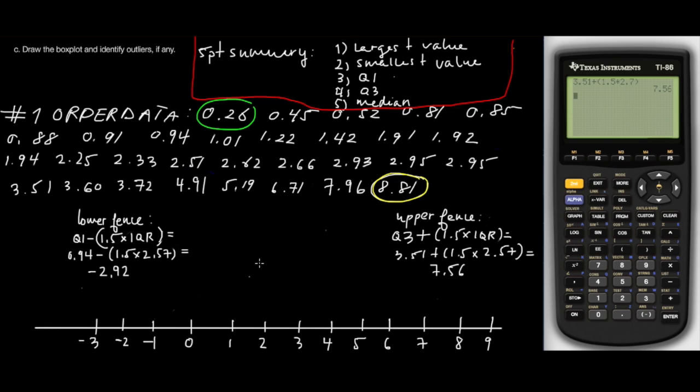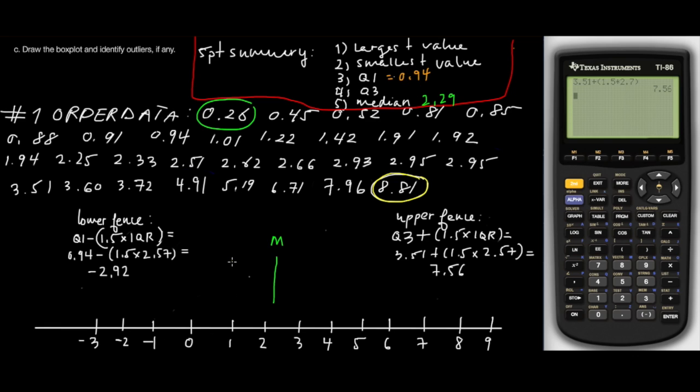So the first thing we will draw is our box. The center line of our box is our median, which, as we all know, was at 2.29. So let's go ahead and draw that right about here. So this is our median. The next thing we need is our Q1, which is 0.94.